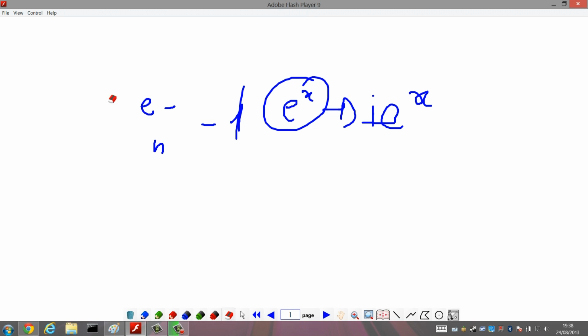But I'm actually going to demonstrate it from the actual definition. I've also seen people demonstrating it using the Maclaurin series.